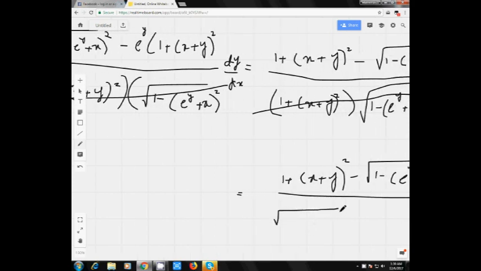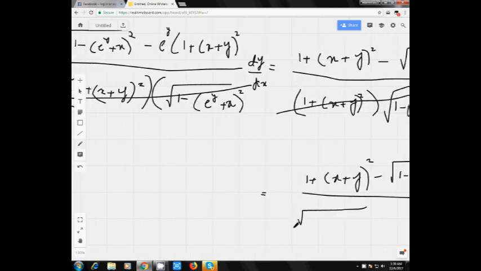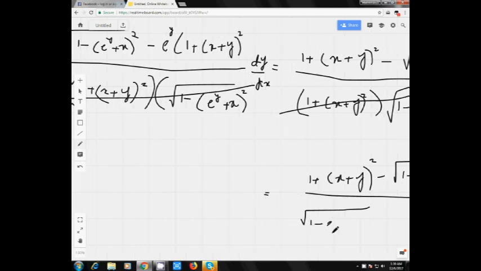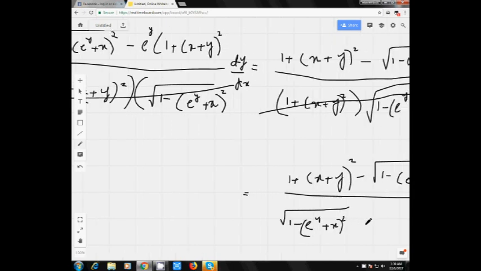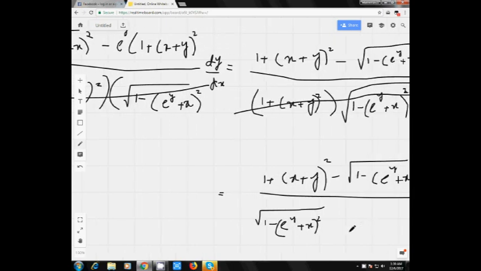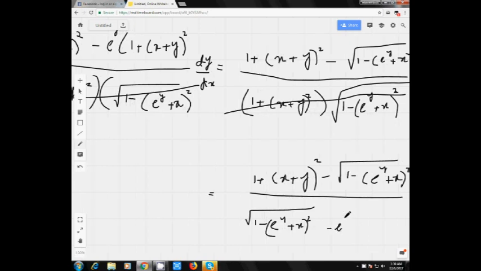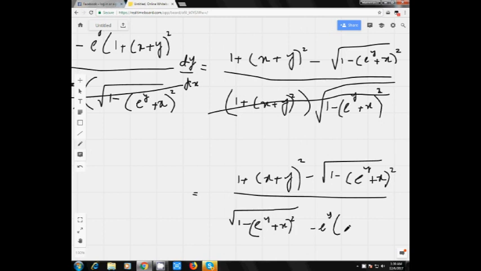Square root of (1 minus e raised to the power (y plus x)) whole square, minus e raised to the power y times (1 plus x plus y) whole square.